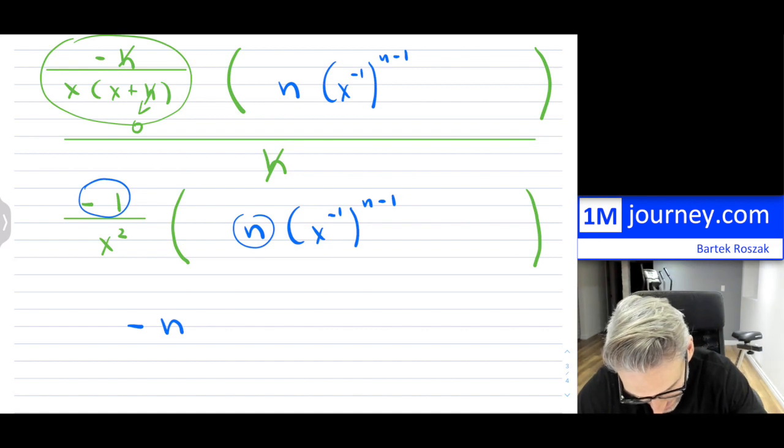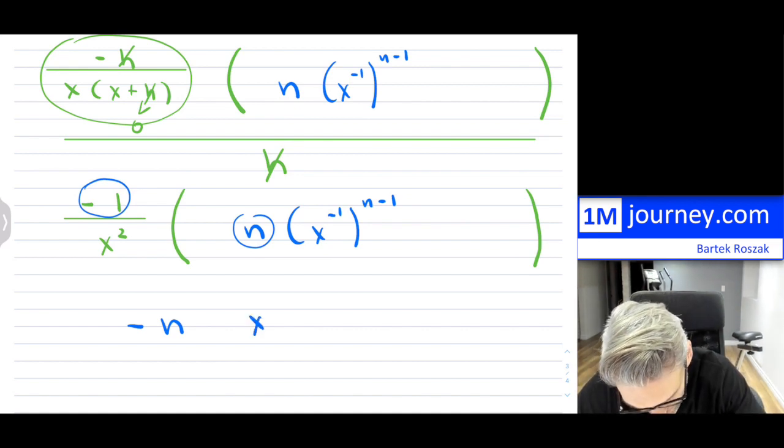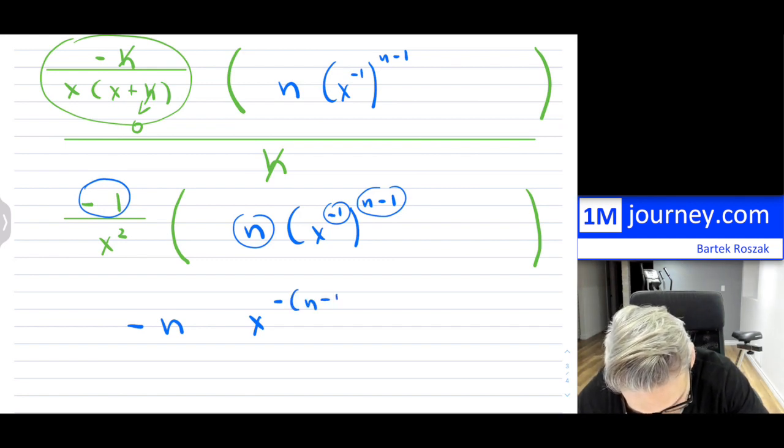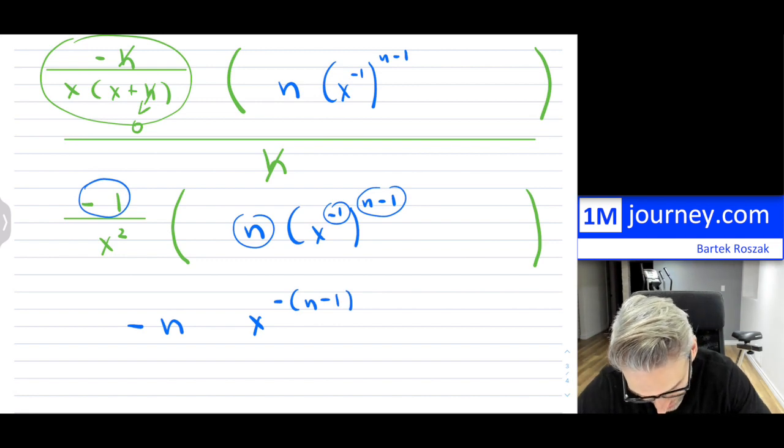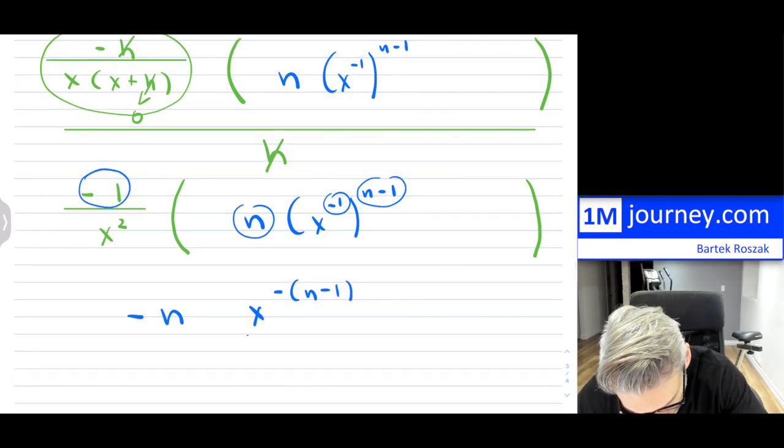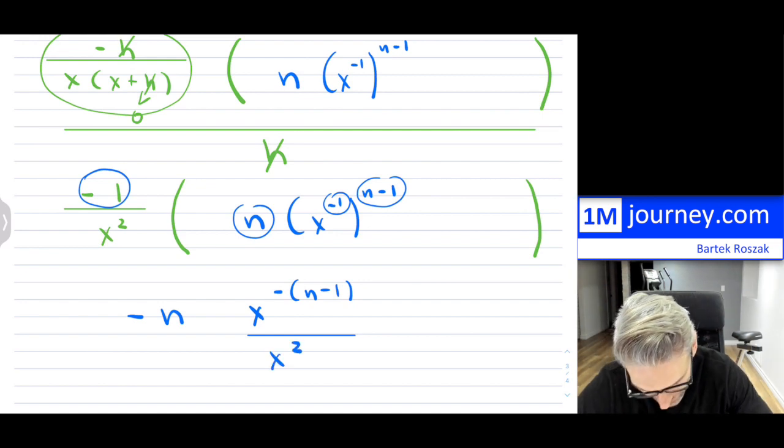And then in the numerator, I have x. So this is now going to be, I'm going to bring this, this times that, so that's going to be a negative. So this is negative n minus 1, if I multiply that through, and this is divided by that x squared there, right?